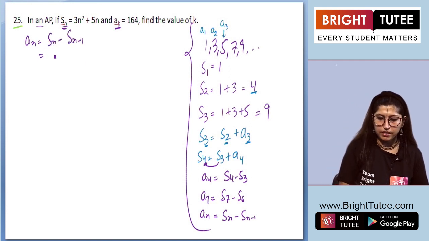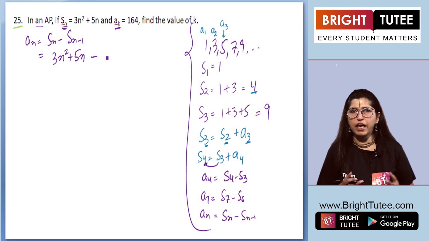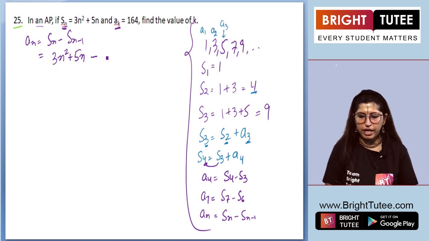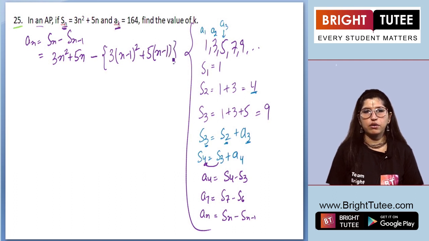So what will be Sn? 3n square plus 5n. Now what will be Sn minus 1? Wherever we have n, we'll change it to n minus 1. So 3 times n minus 1 whole square plus 5 times n minus 1, right?